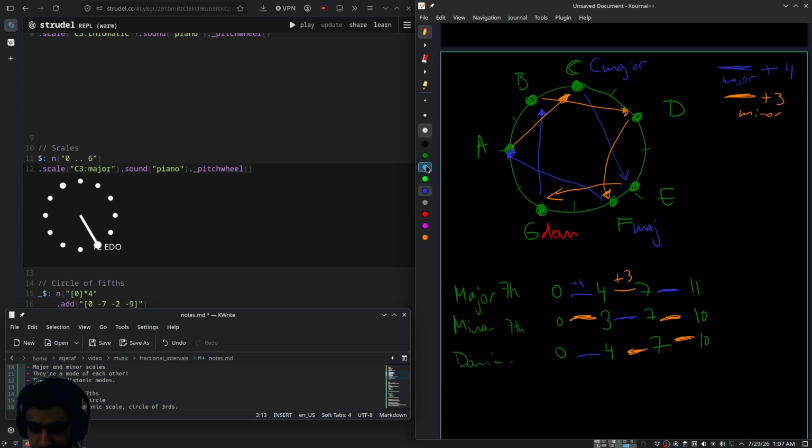Whereas E, D, and A are going to be minor. So E is going to be orange, blue, orange. D is going to be minor because it's orange, blue, orange. A is going to be minor because it's orange, blue, orange. And B is going to be diminished because it's what we call a diminished seventh, because it's going orange, orange, blue.